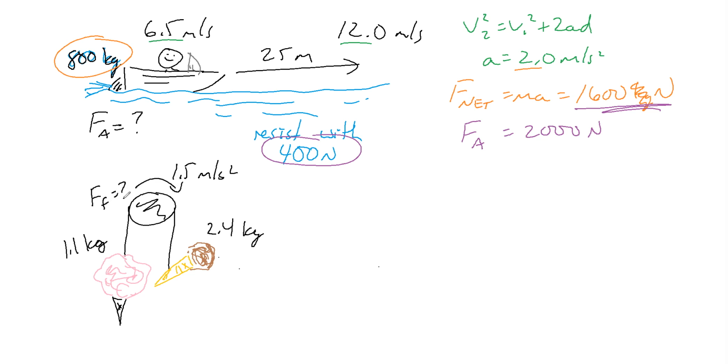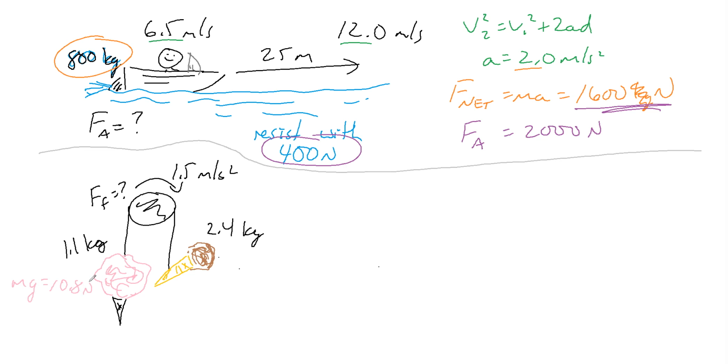Okay, well, let's just piece things together. We've got a couple of mg forces going on here. I'm going to do a little split here. We've got mg for the cotton candy. If we do mg for the cotton candy, we can find out that the cotton candy is pulling on the system with approximately 10.8 newtons.